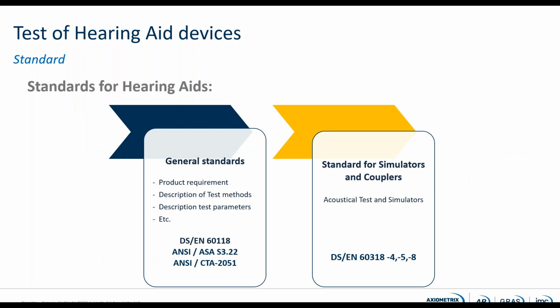So if we look at these standards, then in the general standards, IEC 60118, the ANSI standard S3.22, and the CTA 2051, these standards describe the product requirements, the test methods, and the test parameters we have to fulfill and things like that.